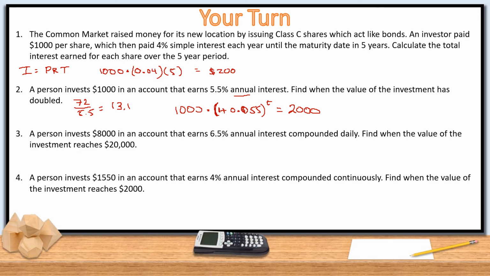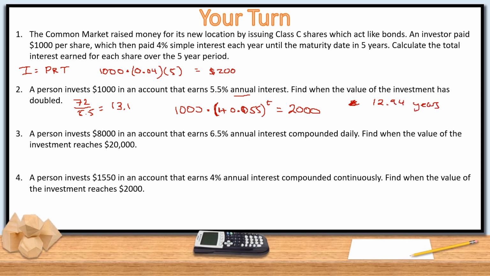Second trace, intersect. So it's 12.9. So 13, pretty close. 12.94 years.